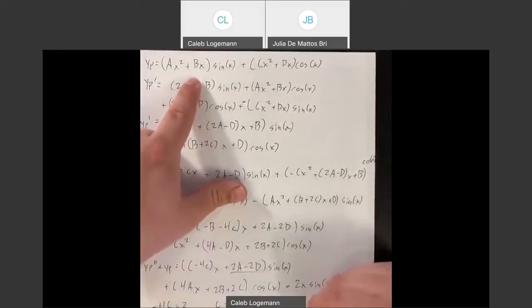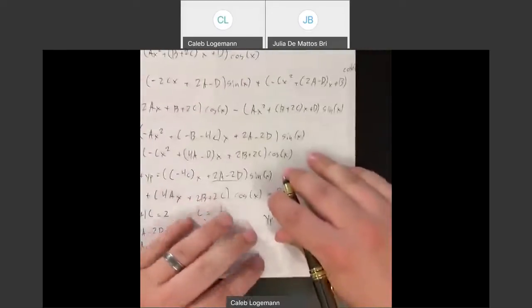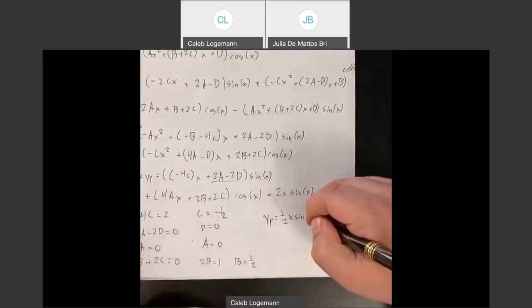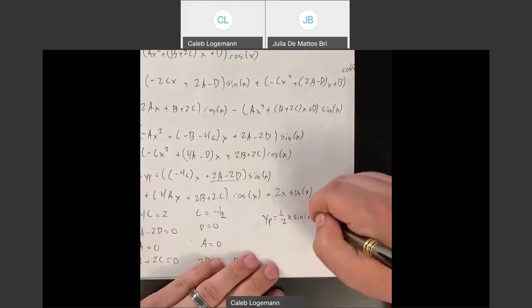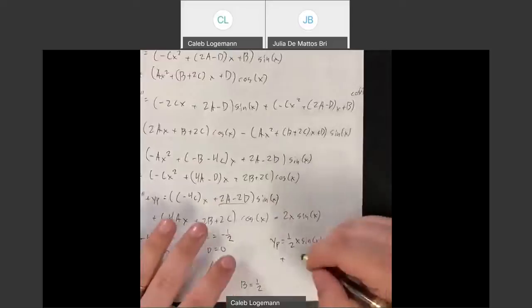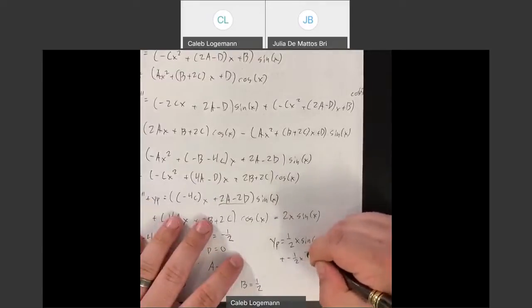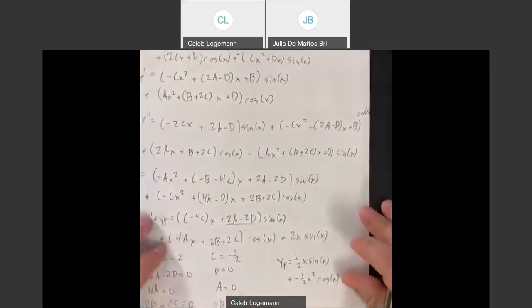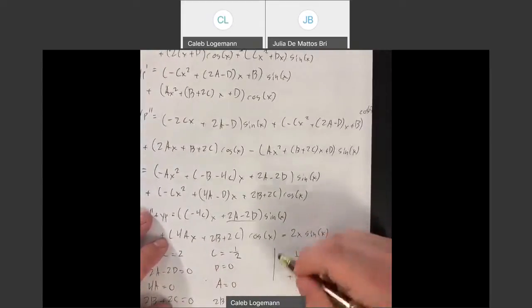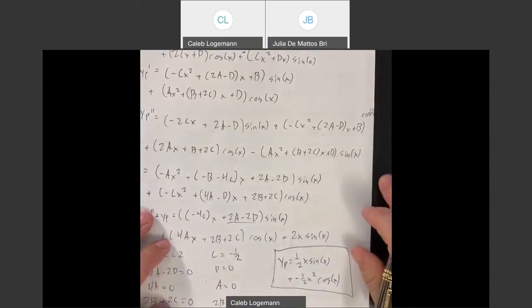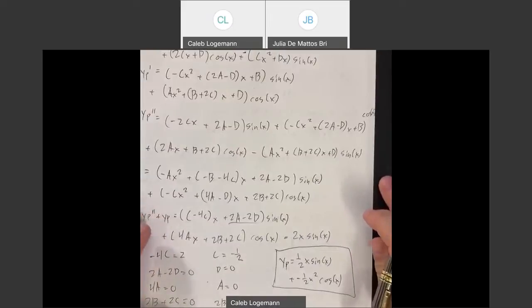It's going to be 1/2 x sine x plus c is negative a half, so minus 1/2 x squared cosine of x. All right, so that's our particular solution. If we add it to our homogeneous solution from before, that'll be our full general solution.